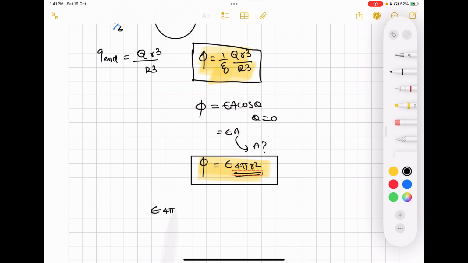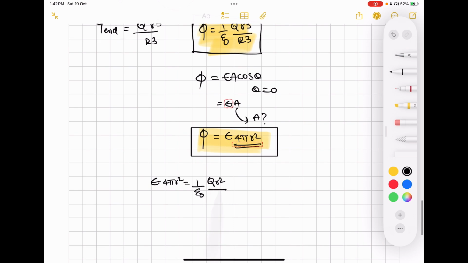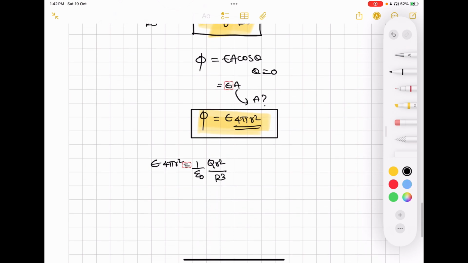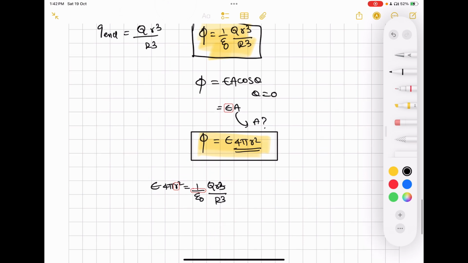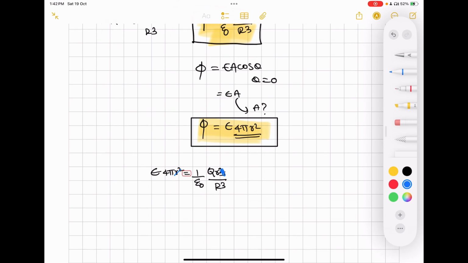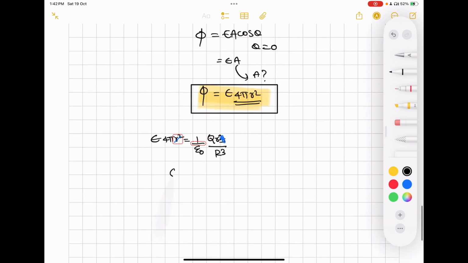E into 4 pi r square is equal to 1 by epsilon 0 Q r cube by R cube. So we can cancel r square and r square here. So we will get electric field inside as E is equal to 1 by 4 pi epsilon 0 Q r divided by R cube.